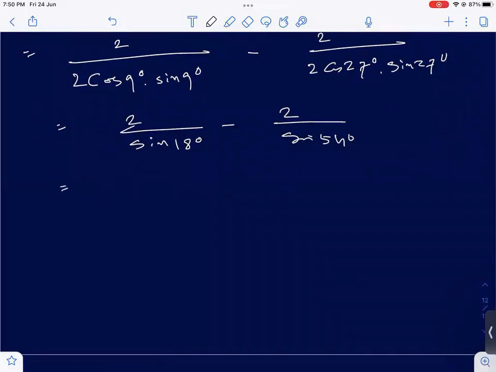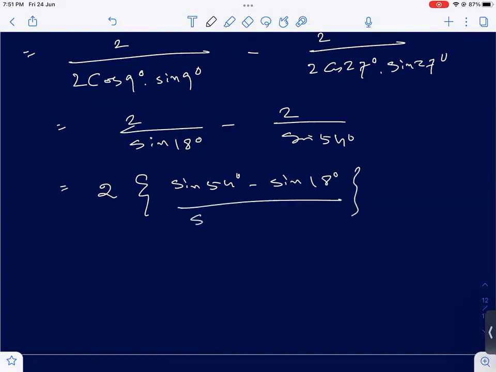Therefore, taking the LCM, we get 2 times (sin 54 degree minus sin 18 degree) divided by sin 54 degree into sin 18 degree.